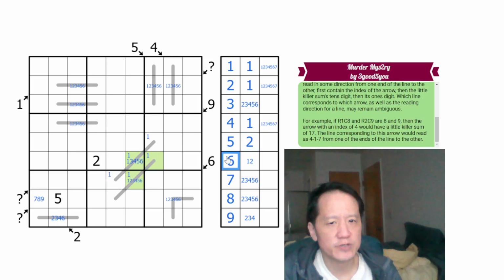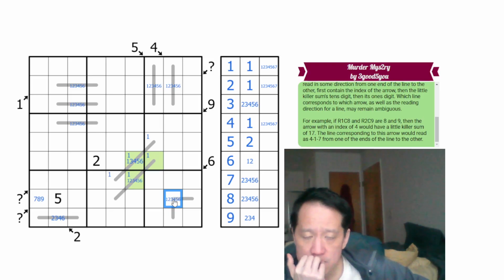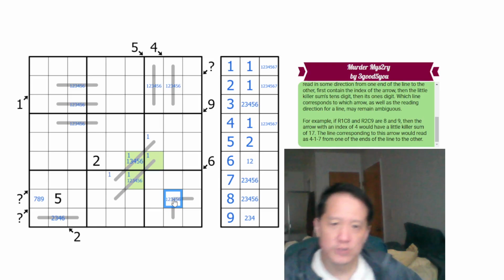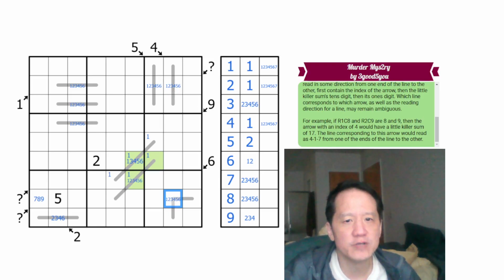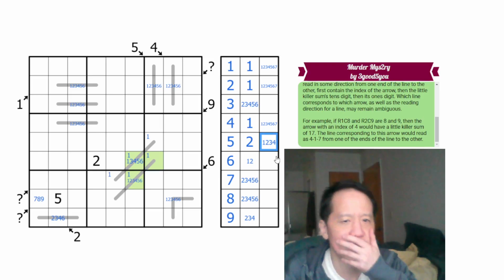If 6 is a 1, that means we have 4 ones, and this also has to be a 1. So therefore 5 has to be at least 2. It could potentially be 22, maybe.